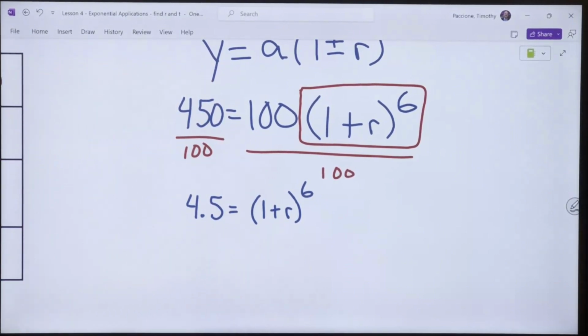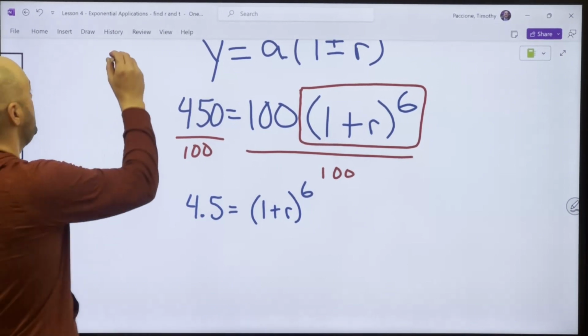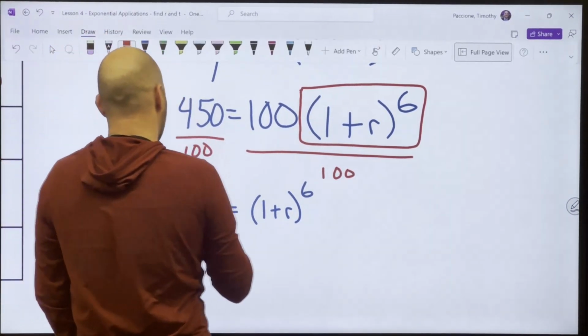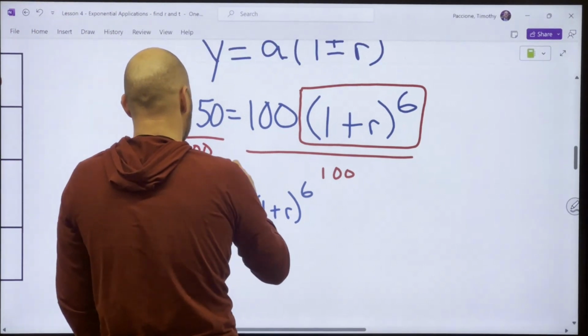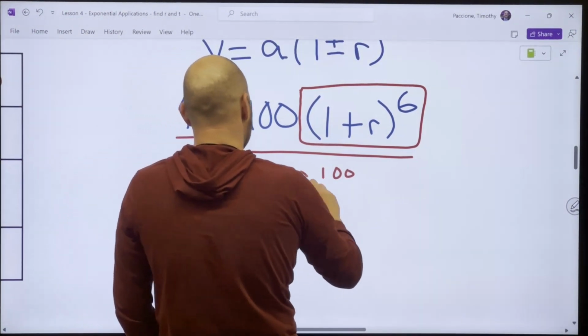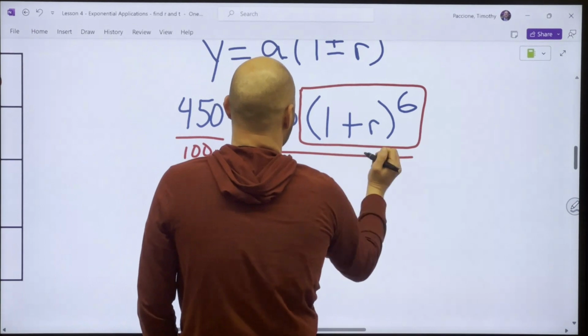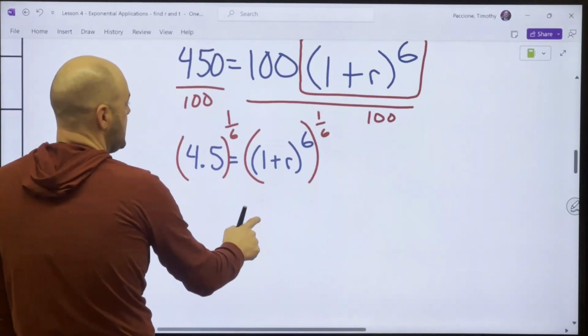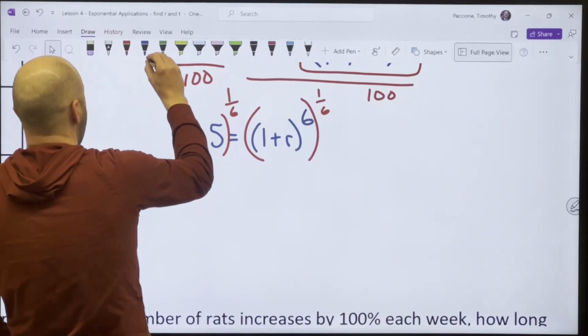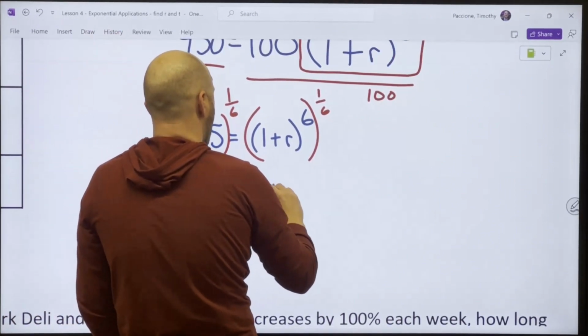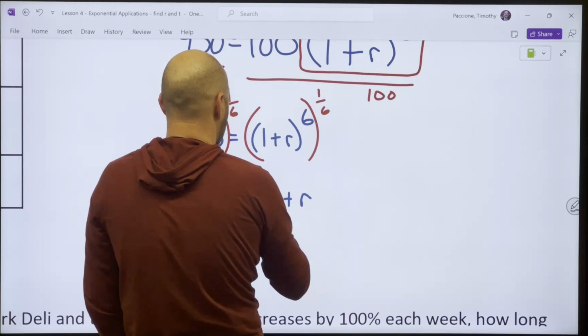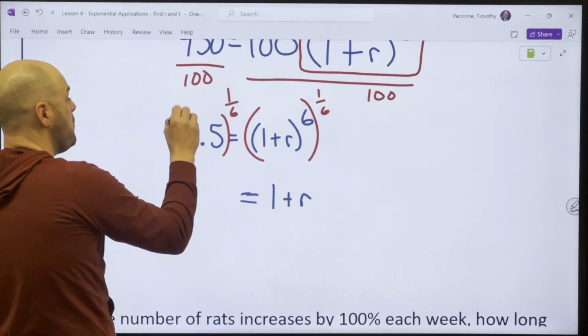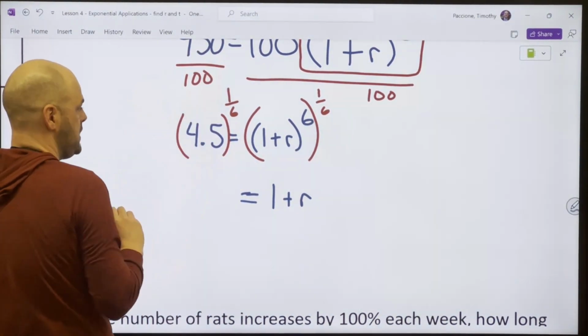Okay, how do I get it to not be to the 6? How do I undo the being to the 6? Do the 1/6, yep. So I raise this to the 1/6, and I raise this to the 1/6. The 6 and the 1/6 cancel, and I just have 1 plus r, right? 4.5 to the 1/6.